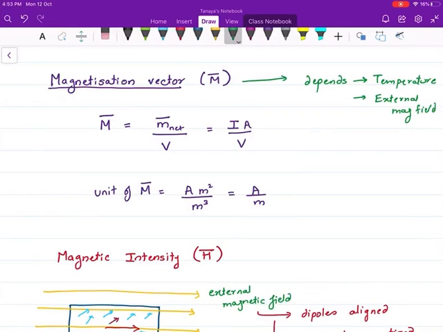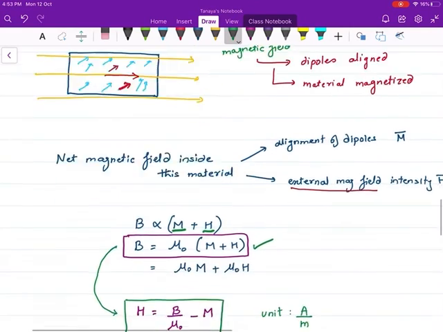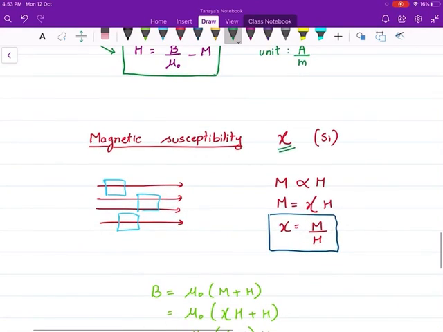And what have we called this external magnetic field? H. So we see that the magnetization vector M is depending on H. If H, the external field intensity, increases, this magnetization vector is also going to increase.